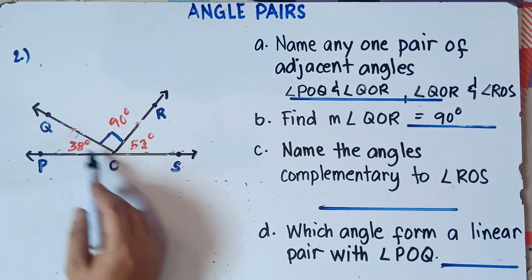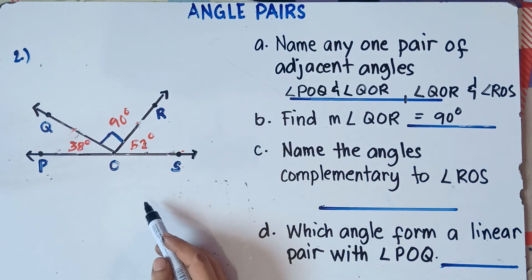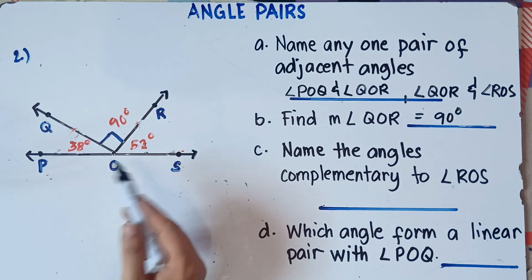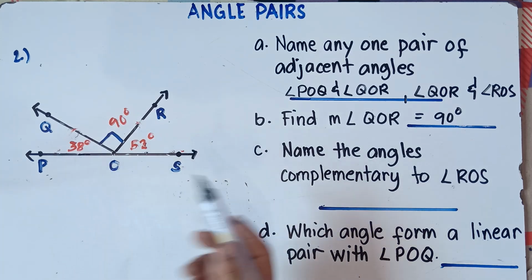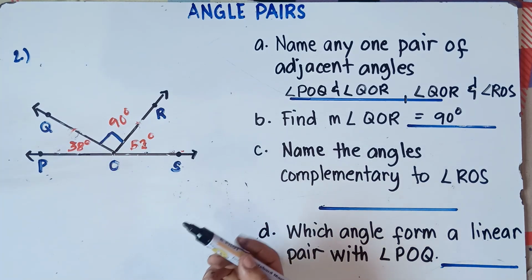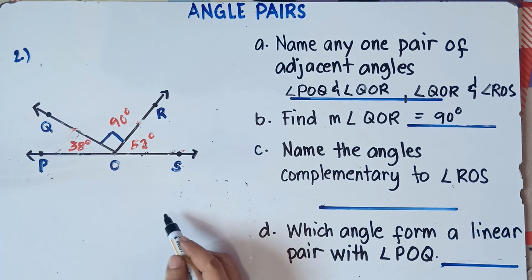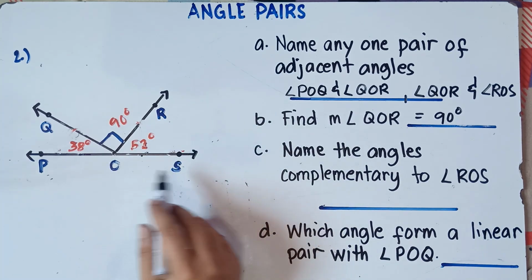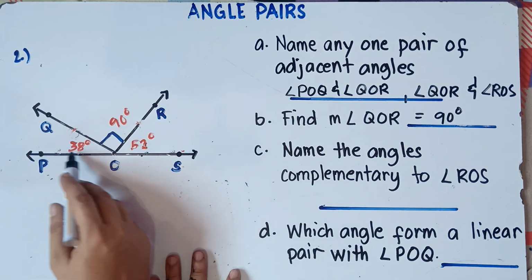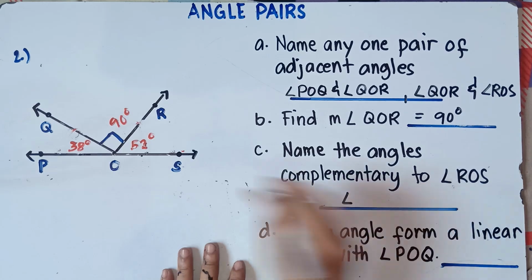QOP and angle ROS are complementary angles because if you add the two angles, 52 plus 38, that's 90 degrees. So angle ROS is complementary to angle QOP.